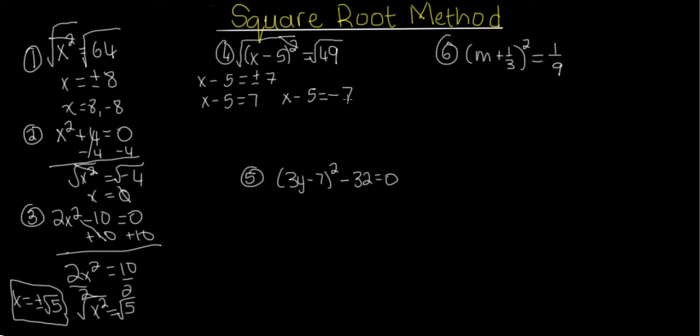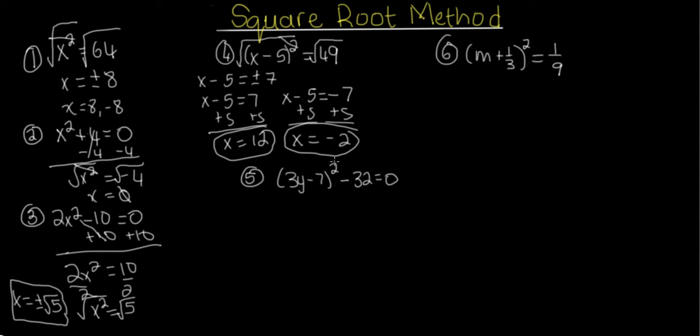I just split up my plus or minus 7 so that it's easier to solve. Now the opposite of subtraction is addition, so add 5 to both sides. I get x equals 12. Add 5 to the other equation, and you get x equals negative 2. So this is an answer, and that's an answer.